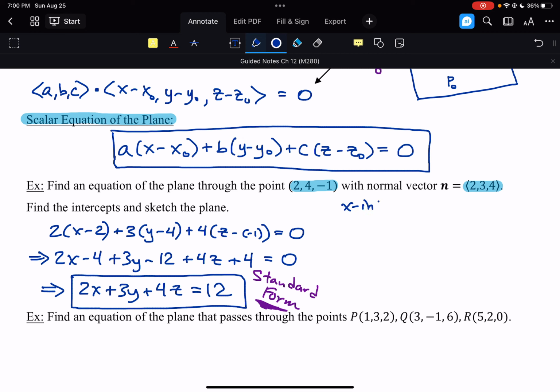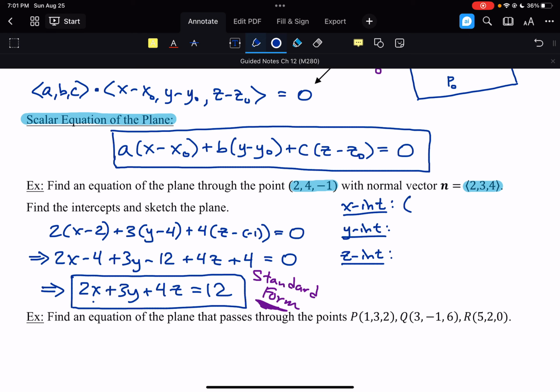In order to find the intercepts, we're going to have some zeros in here. For the x-intercept, this is where we are on the x-axis, which means that y and z are both going to be 0.